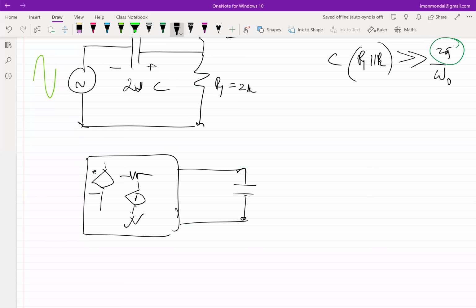And I take the capacitor out. And maybe there is a voltage source somewhere. I want to ensure that this signal frequency is at omega naught, and that this capacitor behaves like a short circuit when I put it in the way I have shown. So what is it that you are going to check?